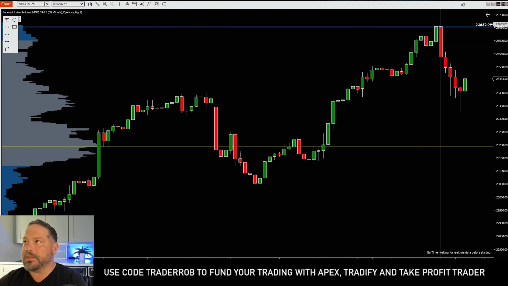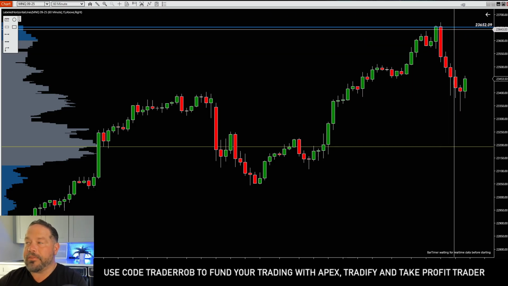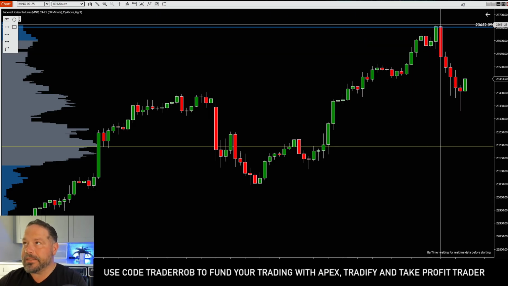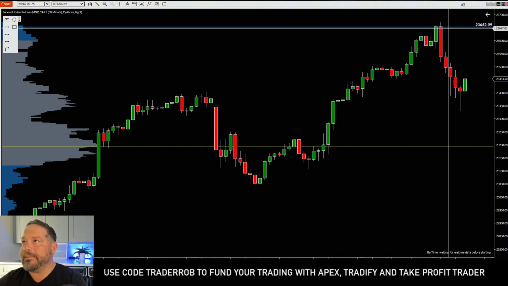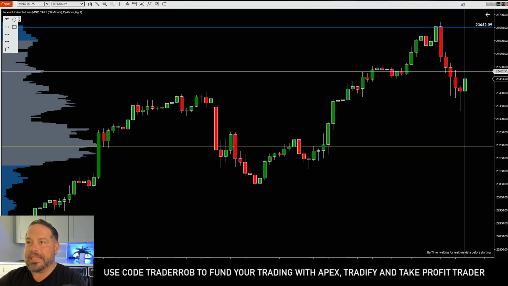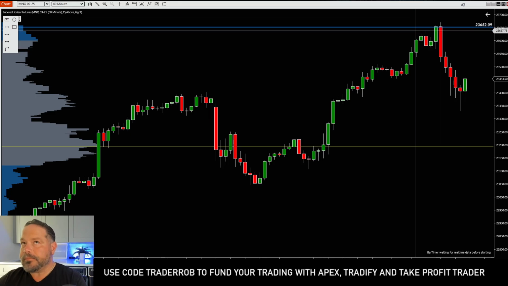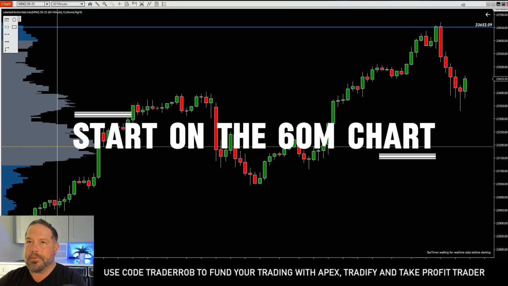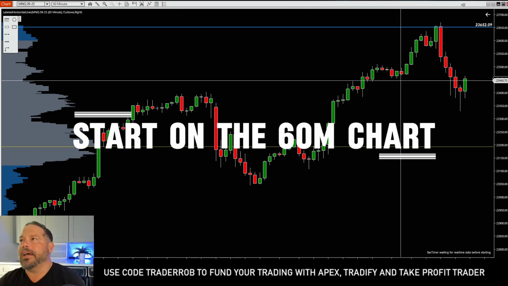I'm not really interested in the wicks, even though the wicks will come into play once I start to narrow down for an actual entry. Definitely could be in a wick, but this is how I've always mapped out my levels. They always seem to respond extremely well. Obviously we're on a 60-minute right now, which is where I start.